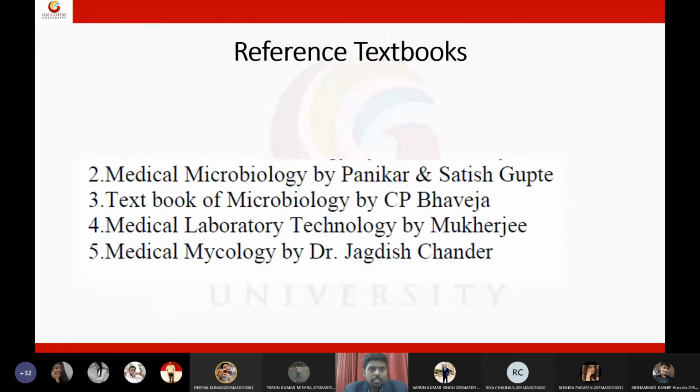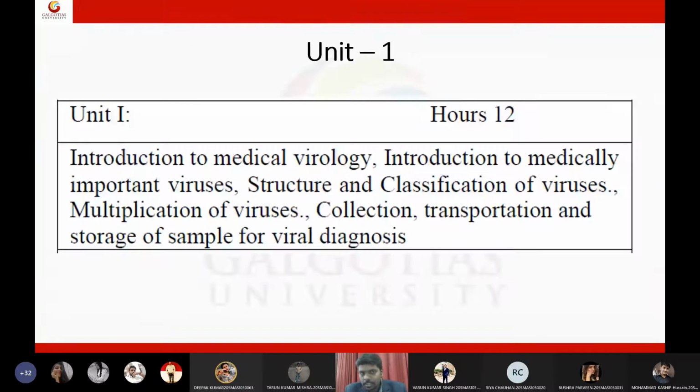The first unit is all about introduction to medical virology, introduction to medically important viruses, structure and classification of viruses, multiplication of virus, collection, transport, and storage of samples for viral diagnosis. So far we got a brief introduction to medically important viruses. We discussed what viruses are, their properties, the fundamental structure of virus, and a brief classification of viruses like DNA viruses, RNA viruses, families and their individual viruses.